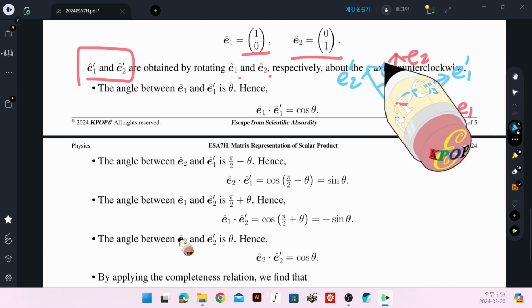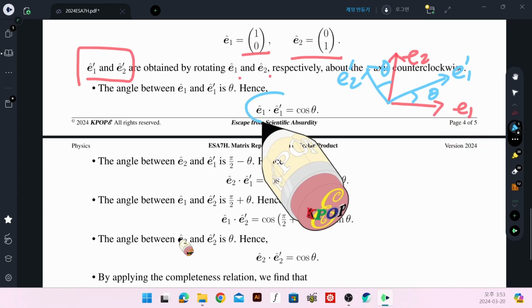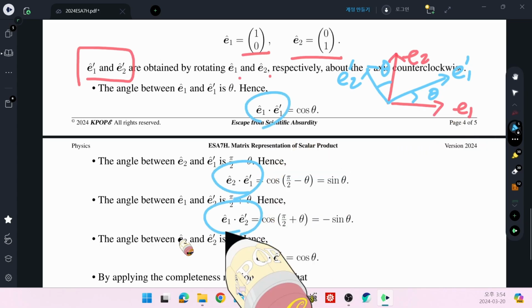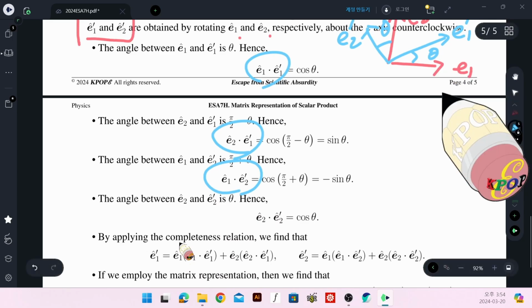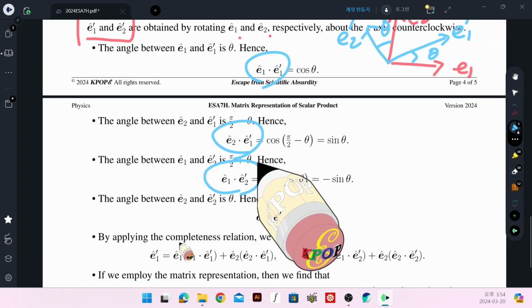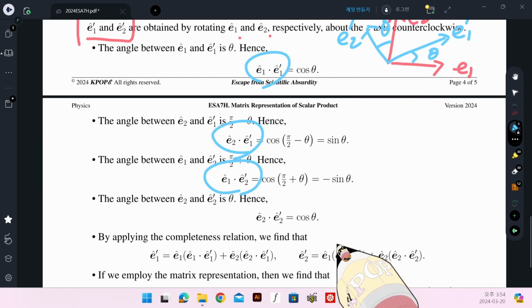Using this relation, we can find the scalar product between the unprimed and primed basis vectors by considering the angle between any two of them.